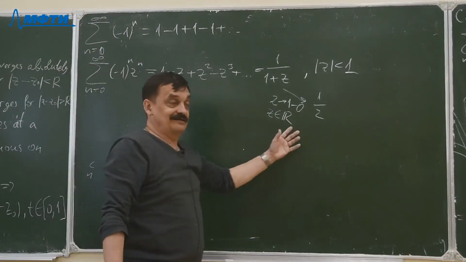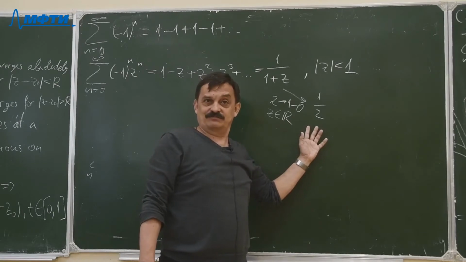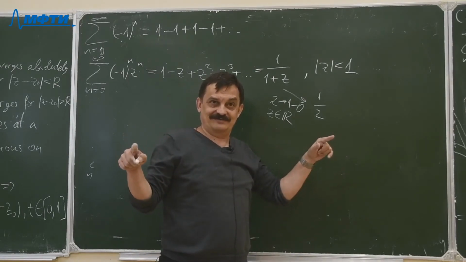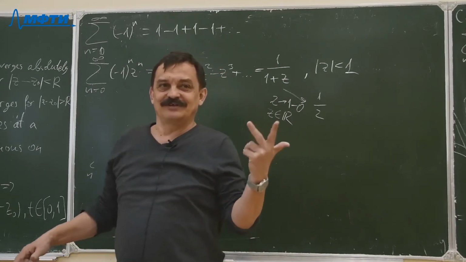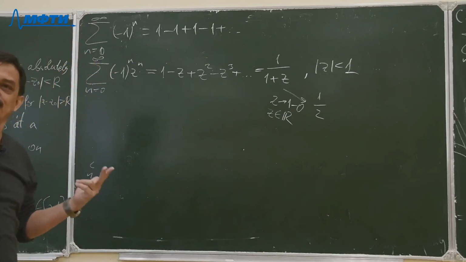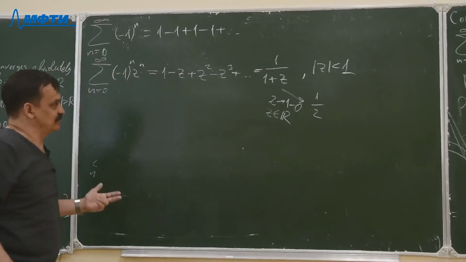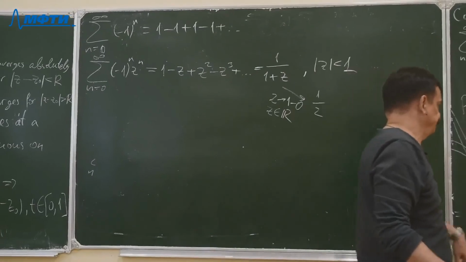And by the way, remember we had another summation process, Cesaro, by means, and it also gave 1/2. So there are at least two different processes which give the same result.